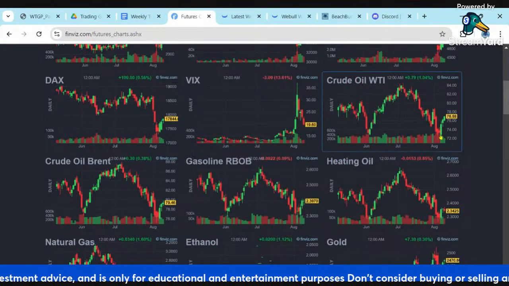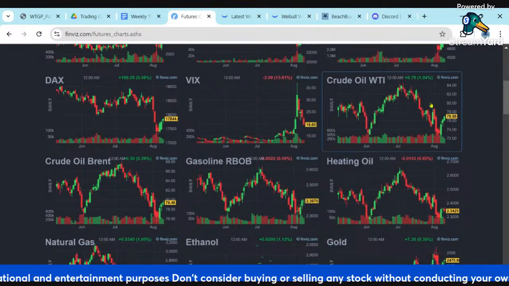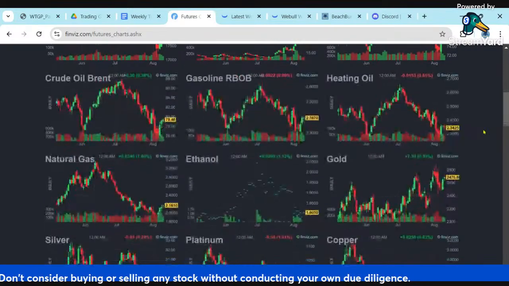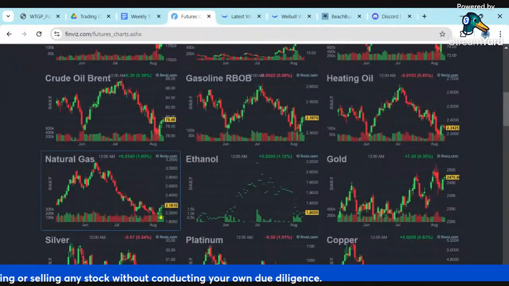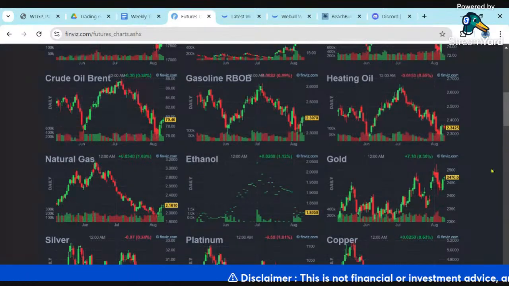Again, we saw oil break back above 75. Now it's got support at 75, probably resistance at 80. Natural gas bounced at 2, so strong support at 2. Potentially retest that previous high, and we'll see if it trends higher after that.